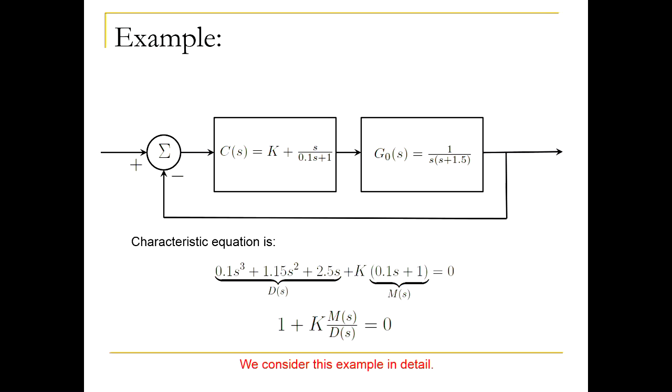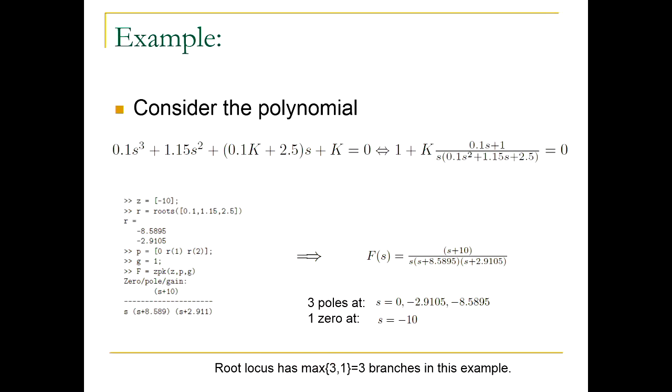So obviously the first thing that we need to check is what are the poles and zeros of this transfer function, to see how many branches we have. How many zeros do we have? Well, m of s is this, so the zero is at minus 10. And what are the poles? The poles are a bit tricky. I can see that there is one at 0, but we don't know the other two. But we can easily find them, let's use MATLAB. MATLAB can help us to rewrite the transfer function f this way.